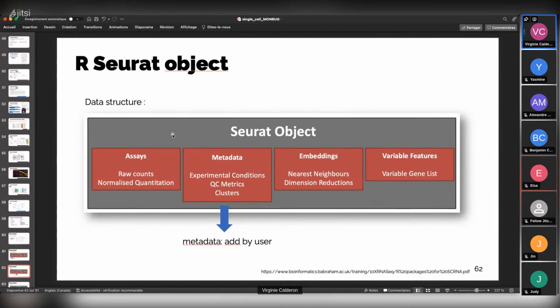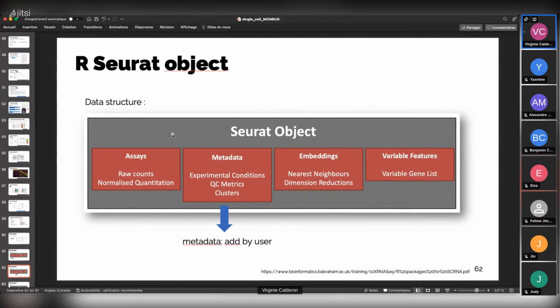Also all the metadata regarding the QC metrics will be added in this metadata structure, and finally the clusters information. So you can have the clusters, the initial clustering, maybe after we have the second clustering, the final clustering.